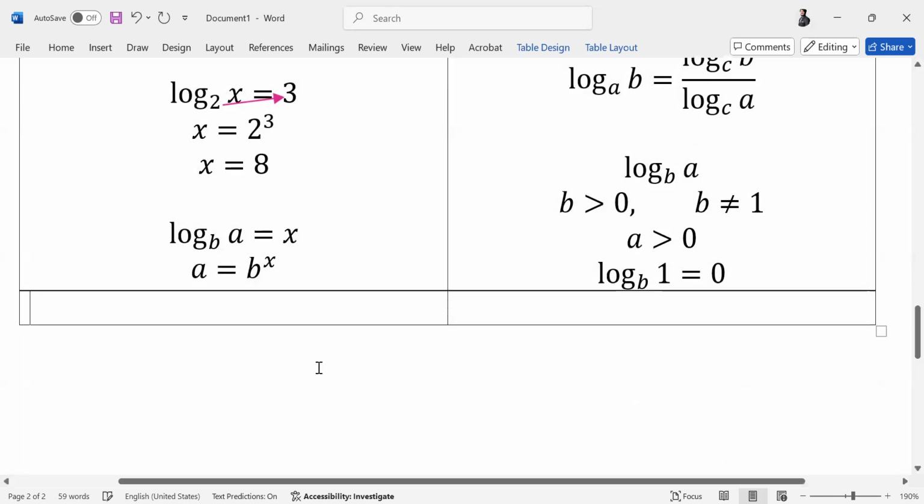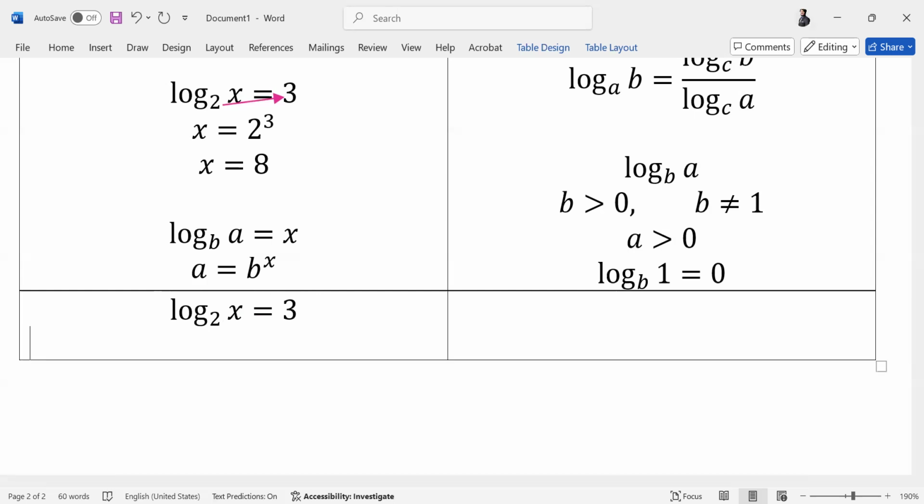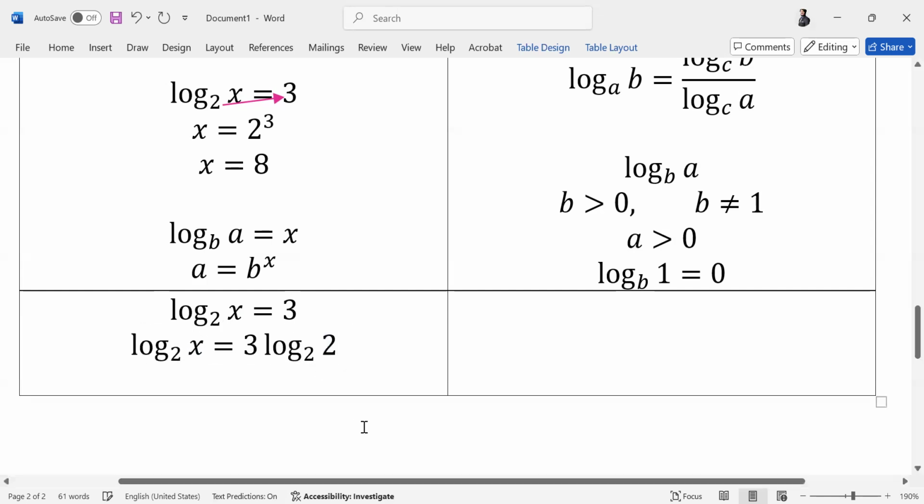If I have log base 2 x is equal to 3. Okay. थोड़े से mathematical method देख लो ना. Log base 2 x, can I write it as 3 times log base 2 of 2? Is this right or wrong? What have I done?